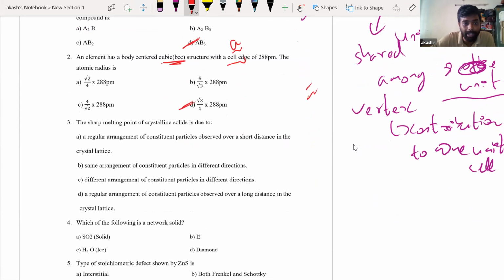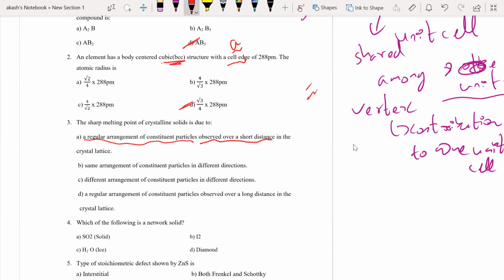The sharp melting point of crystalline solids is due to, right? This is a theory question, so we'll look at all the options. It is because of the regular arrangement of constituent particles observed over a short distance, right? Is it a short distance, people?